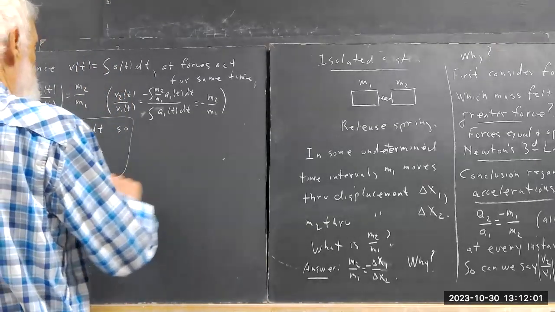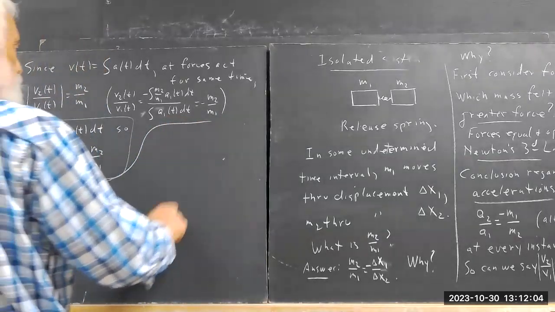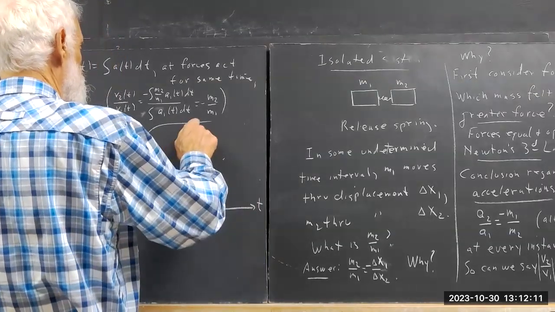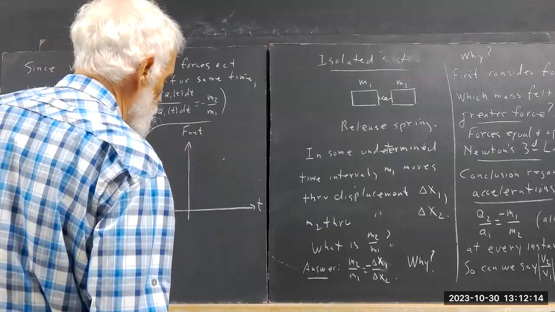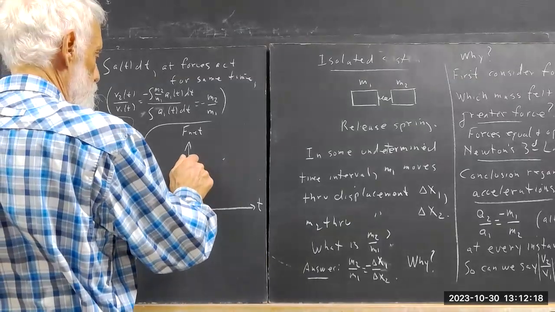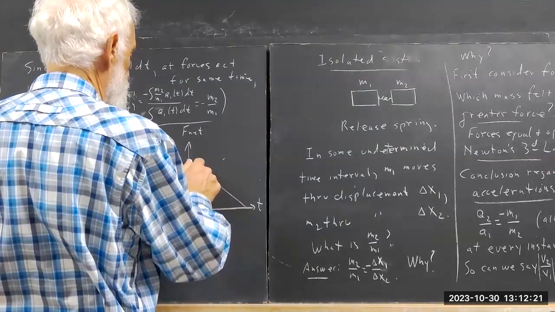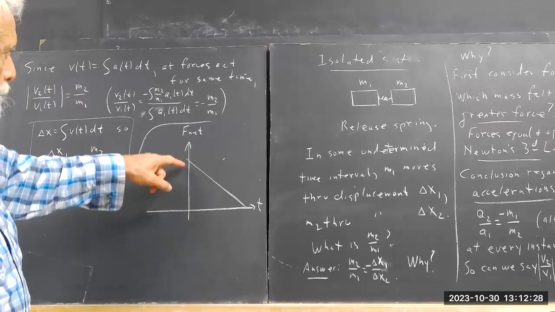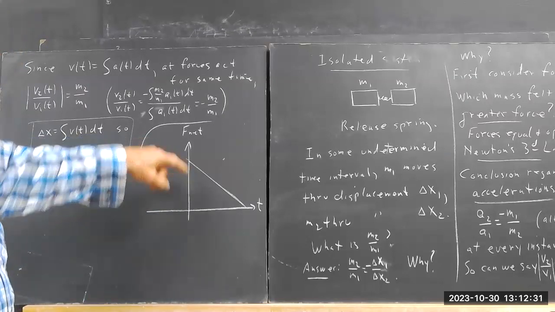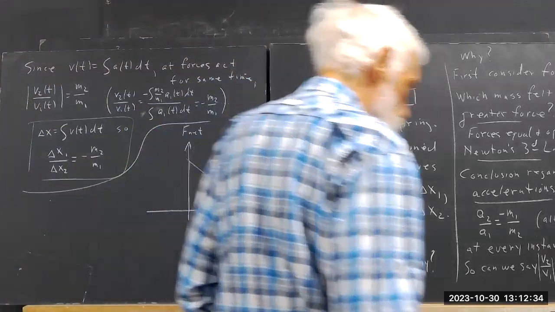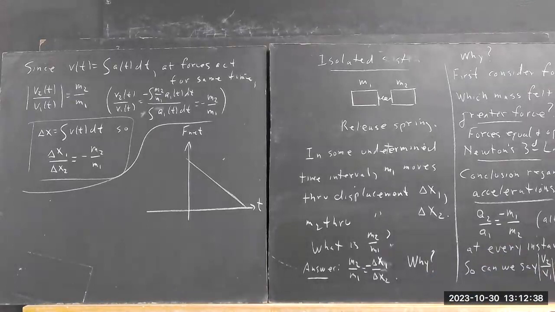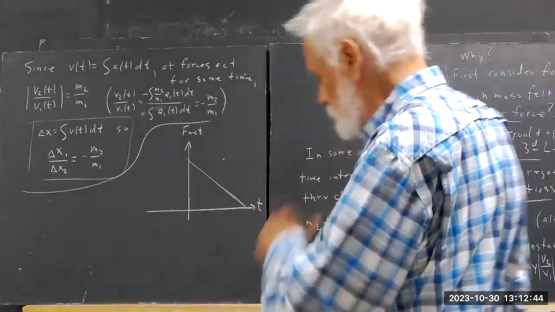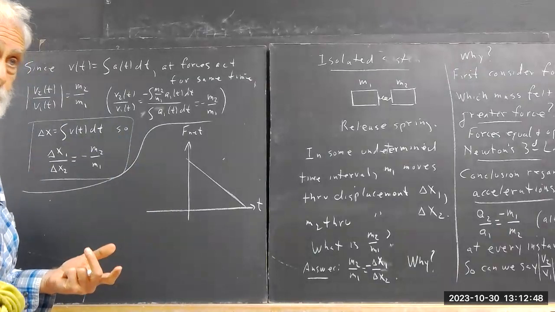A good picture now. It shows F net increasing to some maximum, then decreasing from some maximum to zero, during some time here.